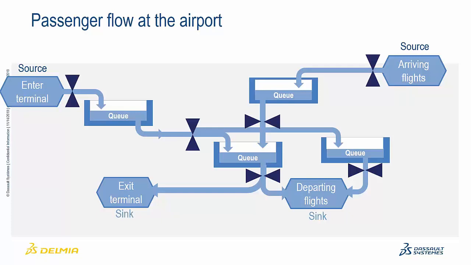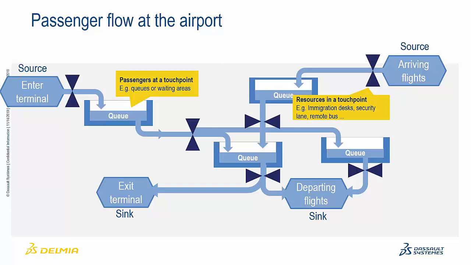And they go through the system until they reach the sink, and the sink is in this case a departing flight or when they exit the terminal building. And in between we have queues, the reservoirs. In the terminal world, these are the queues or the waiting areas or waiting lounges where passengers are held up to be processed to the next touch point.